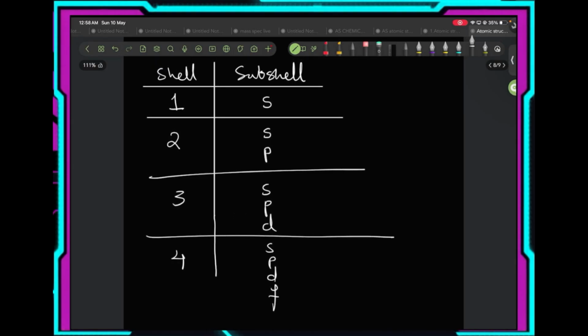So how do you name these subshells? It's the first shell's subshell, so you write 1s. These two subshells, S and P, are from the second shell, so you write 2s and 2p. The SPD from the third shell, you write 3s, 3p, and 3d.